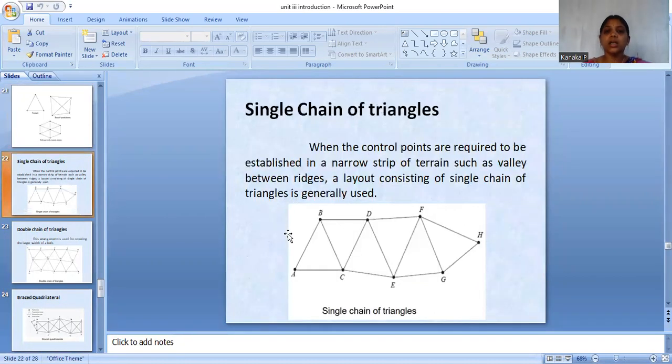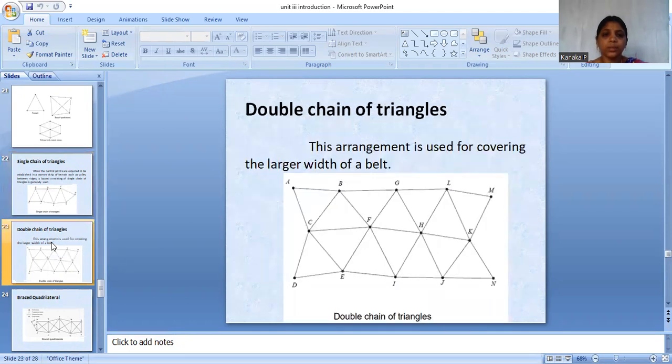This type of figure is used for a narrow strip of terrain, such as a valley between ridges. A layout consisting of a single chain of triangles is generally used, but it is not accurate for primary work. So this is the single chain of triangles.